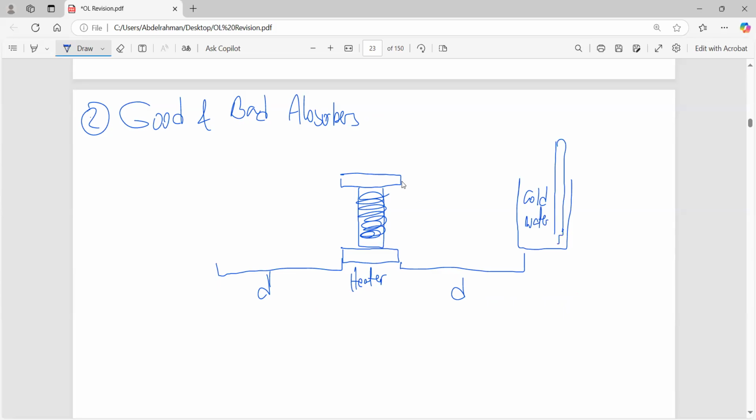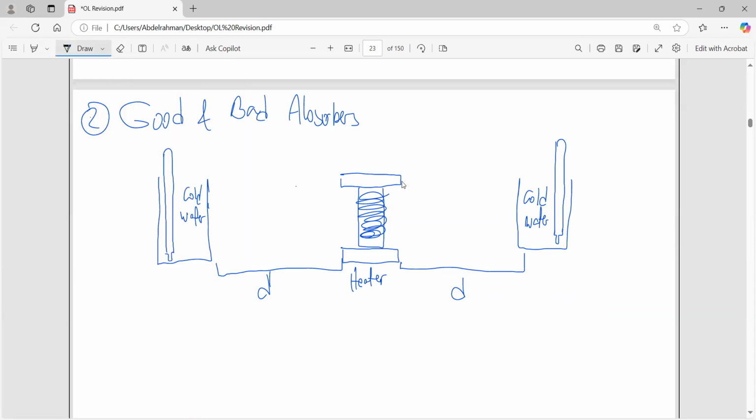Again, on this side you have another beaker with cold water as well, the same volume of water, same initial temperature of water, and a thermometer inside it. The only difference between these two beakers would be the outer surface, the color of their surfaces.